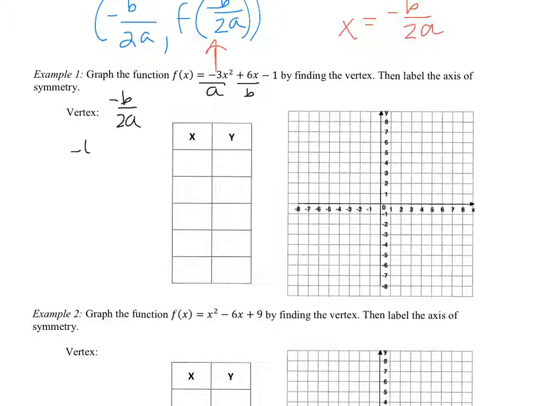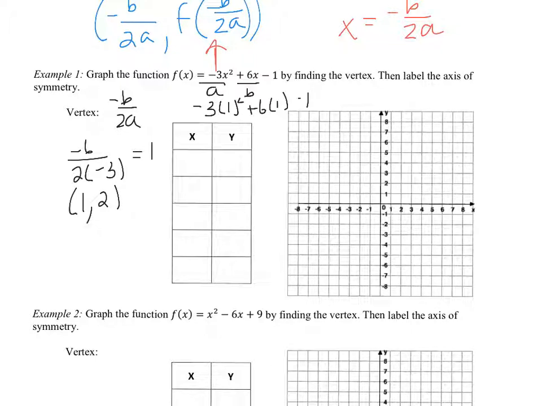So I do opposite 6 over 2 times negative 3. Negative 6 divided by negative 6 is 1. That gives me my x value. Now I have to plug in 1 for x. So it's going to be negative 3 plus 6, which is 3, minus 1, so that's 2. So my vertex is at 1, 2.